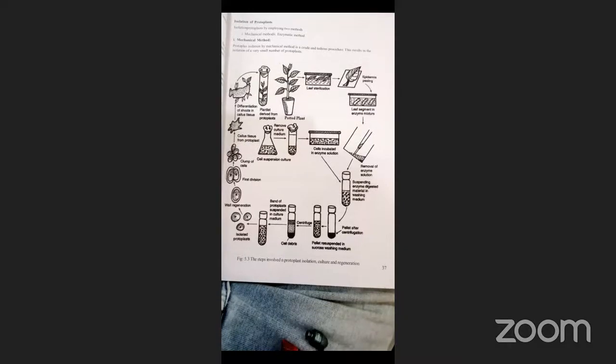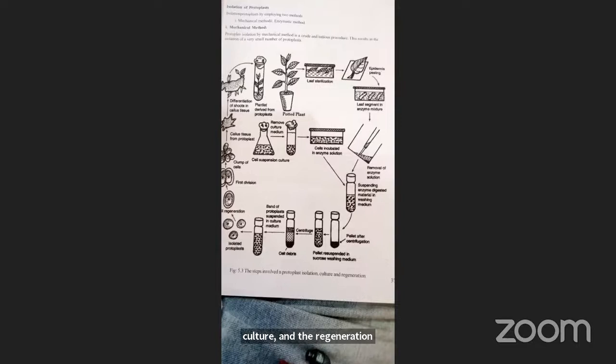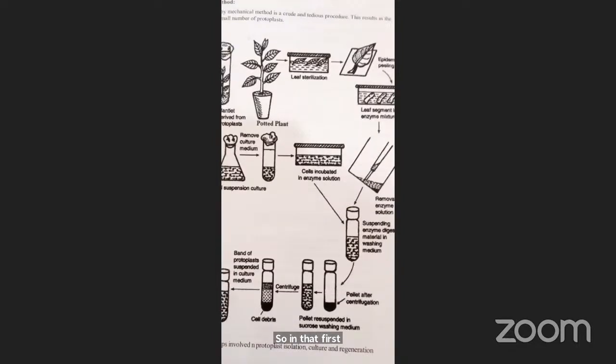Now the next one. See, these are the steps involved in protoplast isolation, culture and regeneration. In that, the first image indicates a potted plant, which means the parent plant.